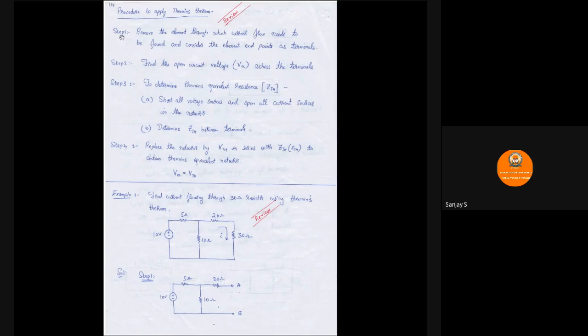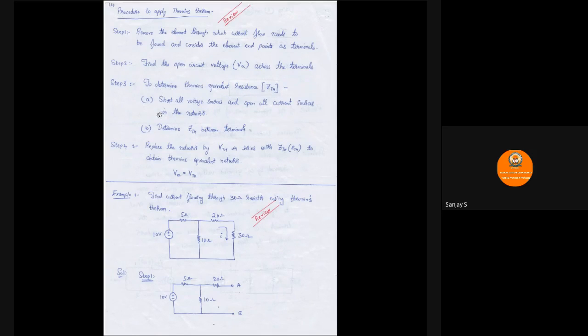Step 1, remove the element through which current flow needs to be found and consider the element endpoints as terminals. Next step, find the open circuit voltage across the terminals, which is VOC. Step number 3, determine Thevenin's equivalent resistance or impedance, generally called ZTH. Since it is DC, you can directly take it as RTH.